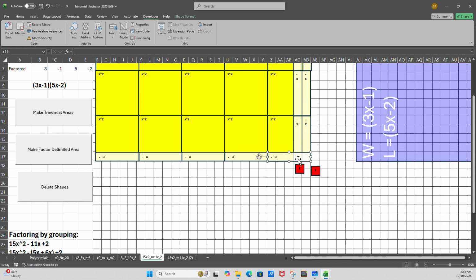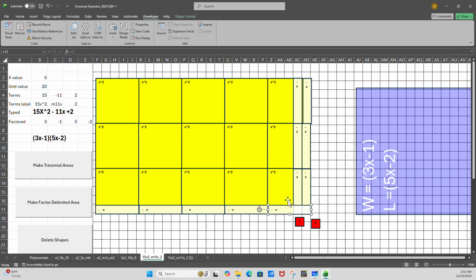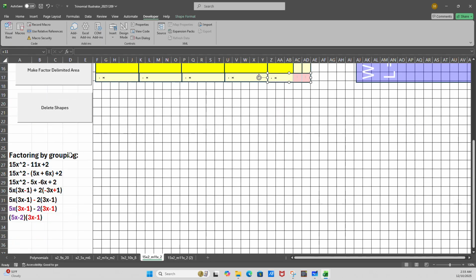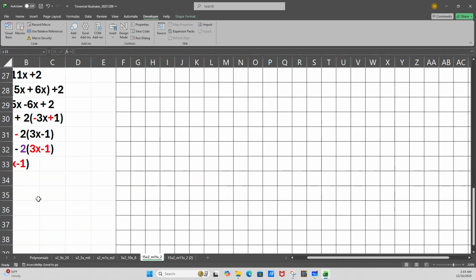So you notice that we have this area here, and we have this here. So we can't subtract twice in the same area, right? Well, unless we add 2 to it, and notice we're adding it and then subtracting it, so it balances out area-wise. Notice that the right side of this trinomial is plus 2, not minus 2.